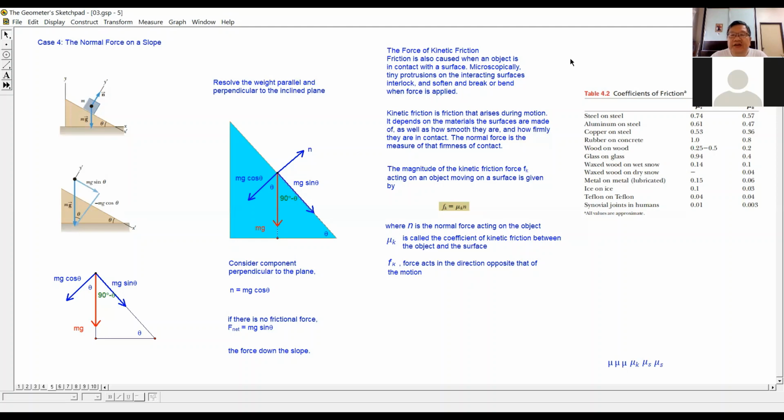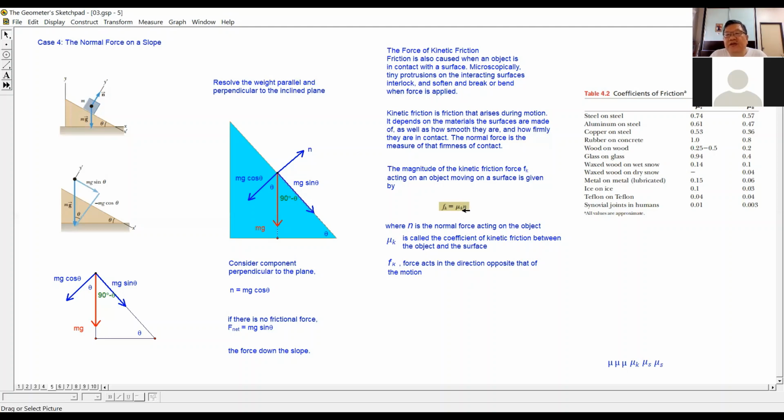So they say the frictional force is Fk = μk N. Fk is the kinetic frictional force, the frictional force when the object is moving. μk is the coefficient of friction.